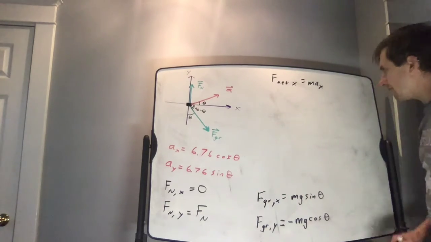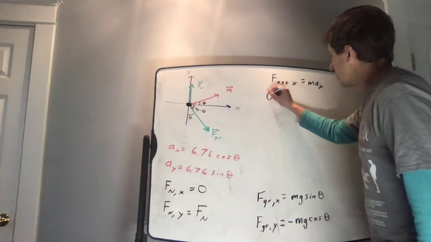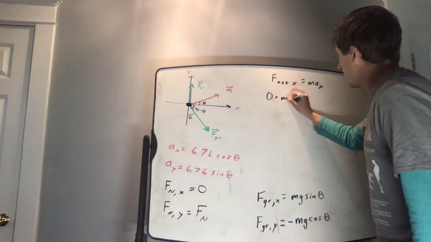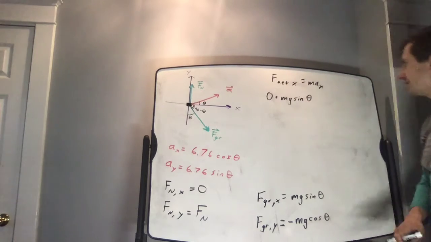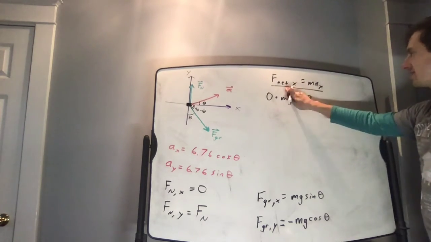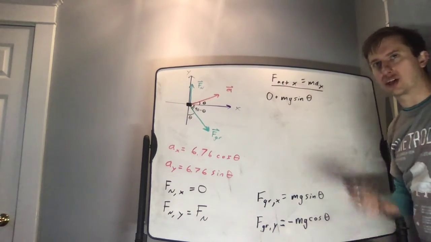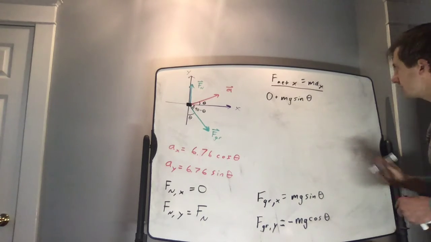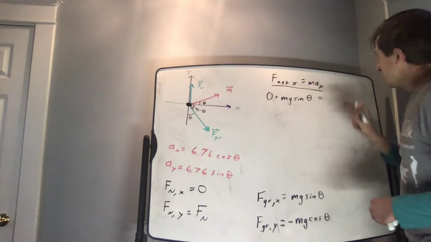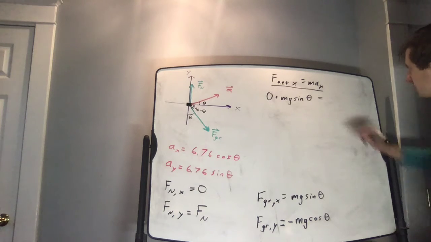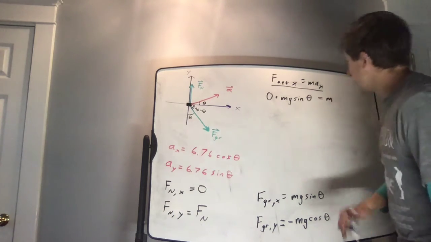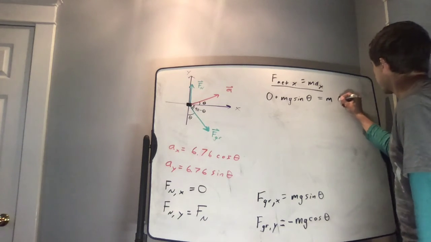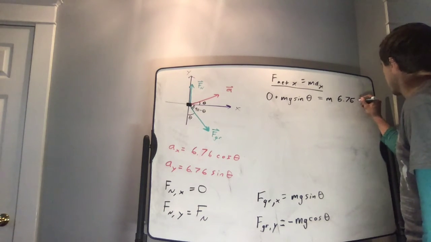Normal force and gravity, I have 0 plus mg sine theta. On the left-hand side, that accounts for all the forces acting on the car in the x direction as I drew my coordinate system. On the right-hand side of Newton's second law, I have the mass of the car, and a x is 6.76 cos theta.